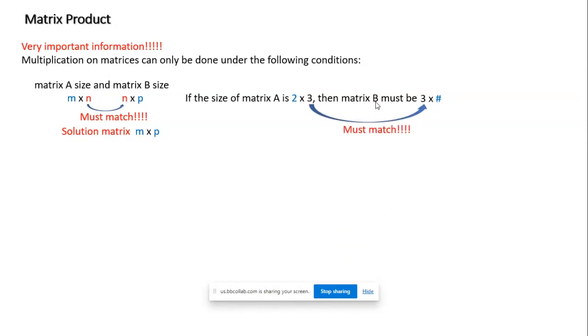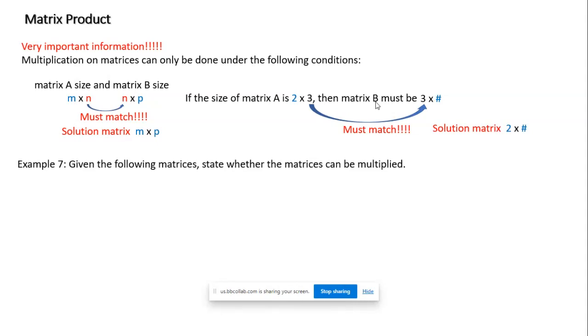This has to match. It doesn't matter how many columns it has, as long as it has 3 rows that match the columns of the first, we can multiply. So the solution is going to be a 2 by whatever matrix. So let's go ahead and do this example.